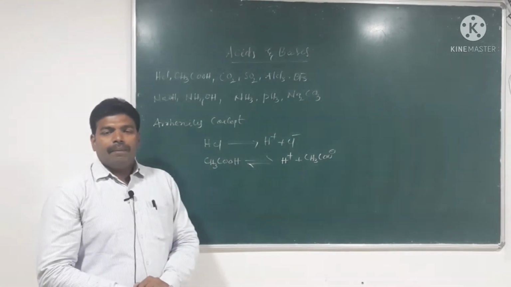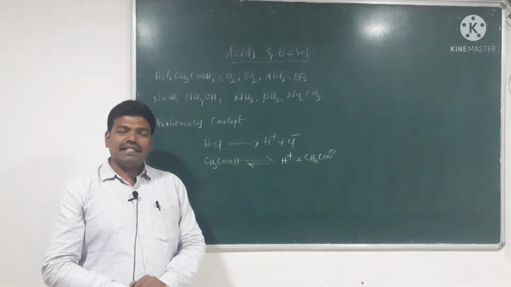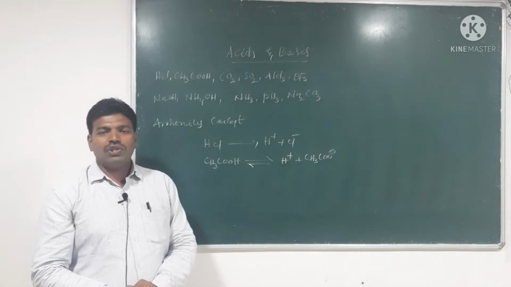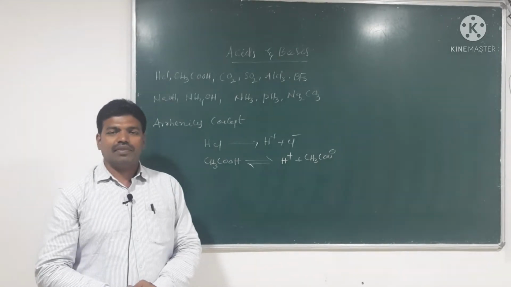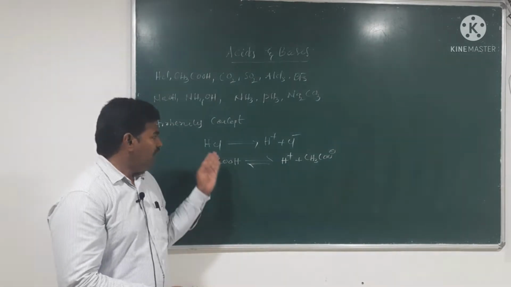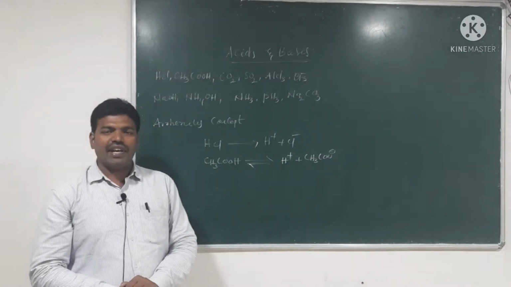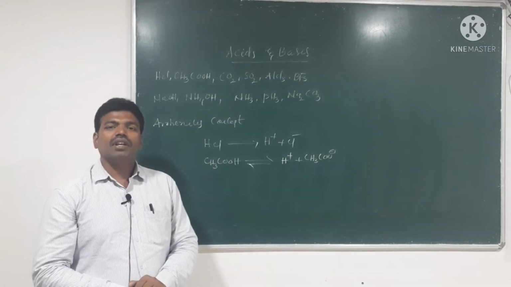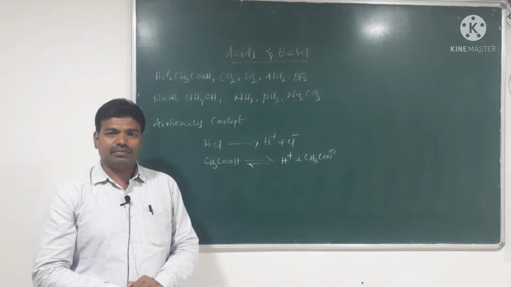So, an Arrhenius acid is a compound or a chemical substance which furnishes H plus ions in aqueous solution. Examples are HCl, which can furnish H plus ions, and acetic acid, which can furnish H plus ions.